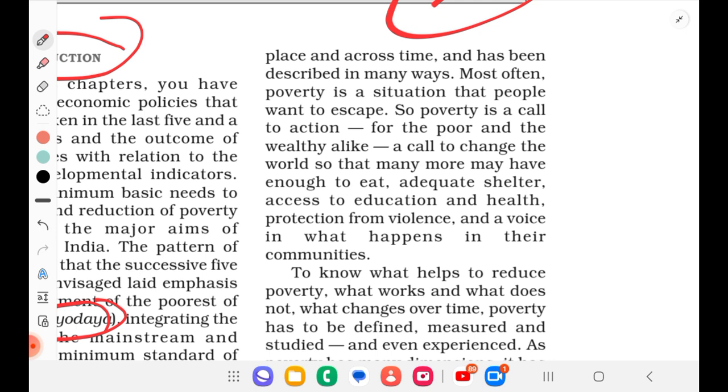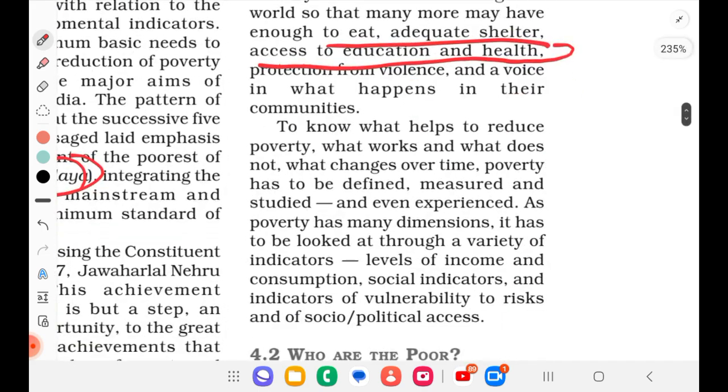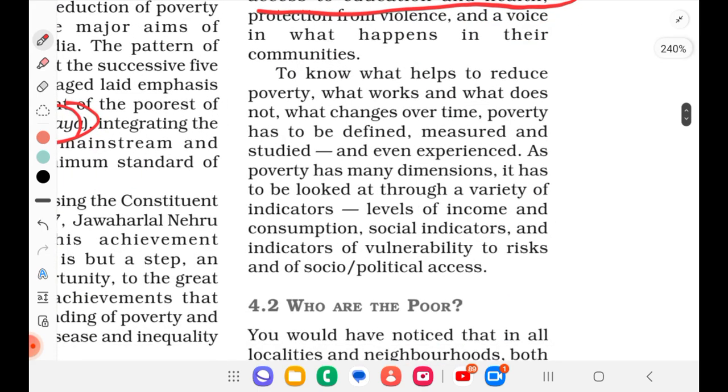A call to change the world so that many more may have enough to eat, adequate shelter, access to education and health, protection from violence, and a voice in what happens in their communities. To know what helps to reduce poverty, what works and what does not, what changes over time, poverty has to be defined, measured, and studied, and even experienced.